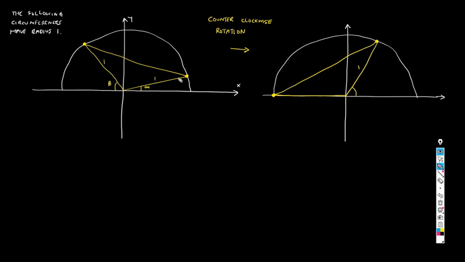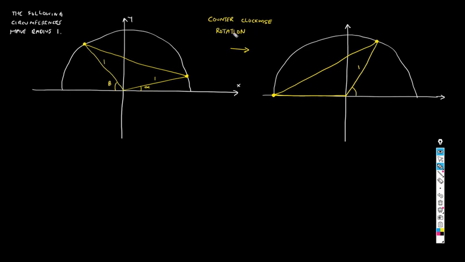This side is 1. Why? Because it goes from the center to the circumference, so therefore it's a radius. And I'm saying that by hypothesis, I'm constructing this diagram so that the circle has radius 1. So this is 1, and also this is 1. Perfect.